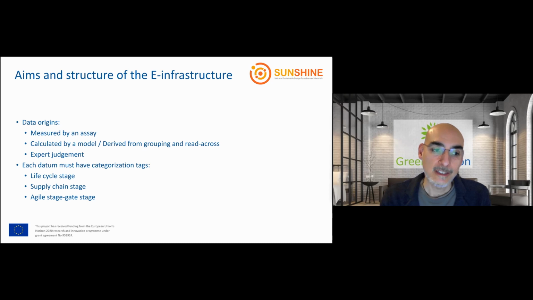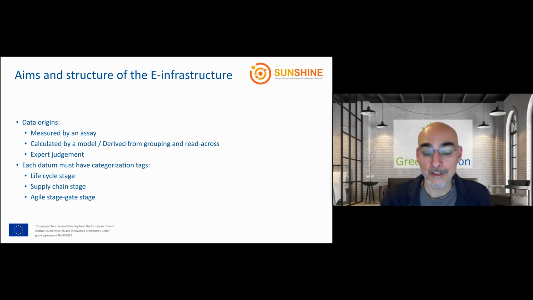So the data that is used might come from different origins, meaning that hopefully you always have measured data. So you apply some kind of a tool or a laboratory assessment or whatever, and you come up with some measured data. Sometimes this is not possible. So the infrastructure supplies a set of models that can be used to derive data that is missing.